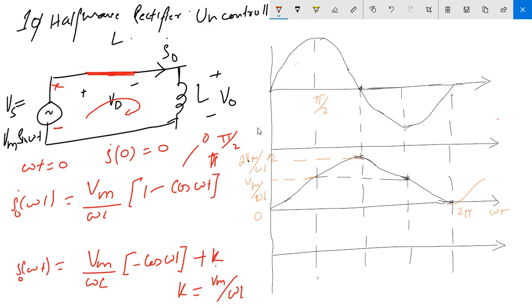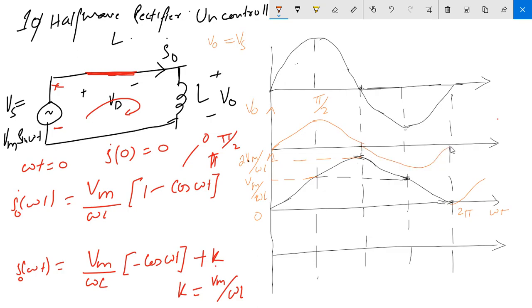Okay, if your diode is conducting, then if you draw V naught, that is your output voltage, using KVL you will write V naught is equal to Vs. V naught will be a pure sinusoidal waveform.